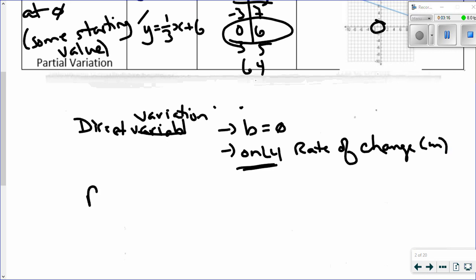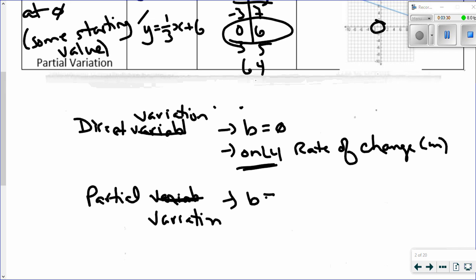For partial variation, b doesn't equal 0, so it's got to be some number.